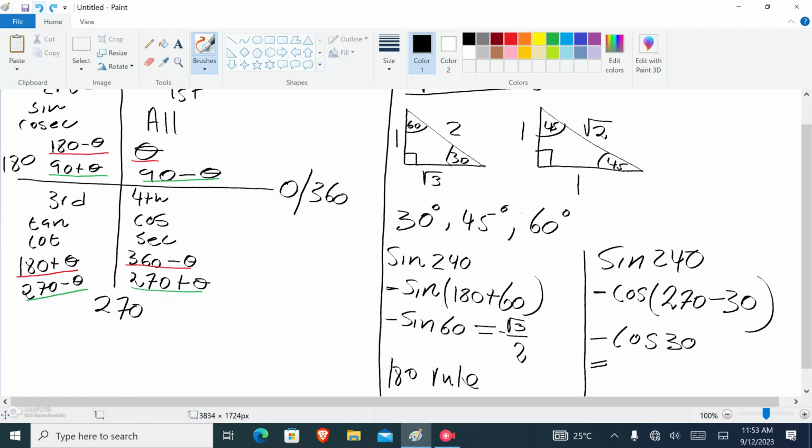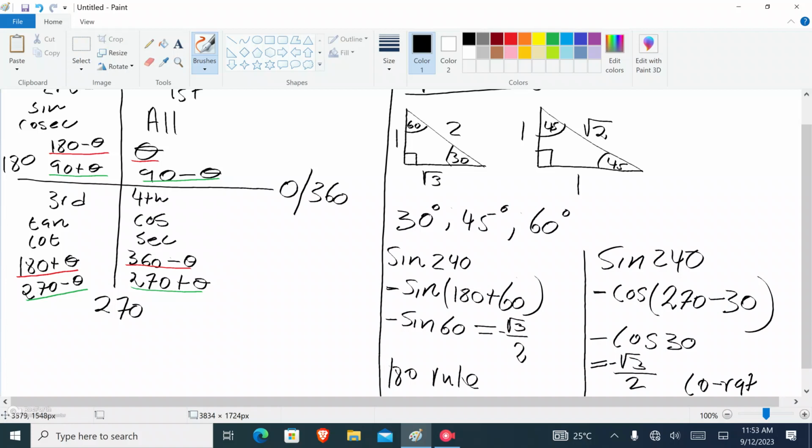Now what is adjacent of 30 on that triangle? We know that the adjacent is square root 3 over, what is our hypotenuse? It's 2. Let's not forget the negative sign there. All right, so as you can see, this gave us the very same answer.